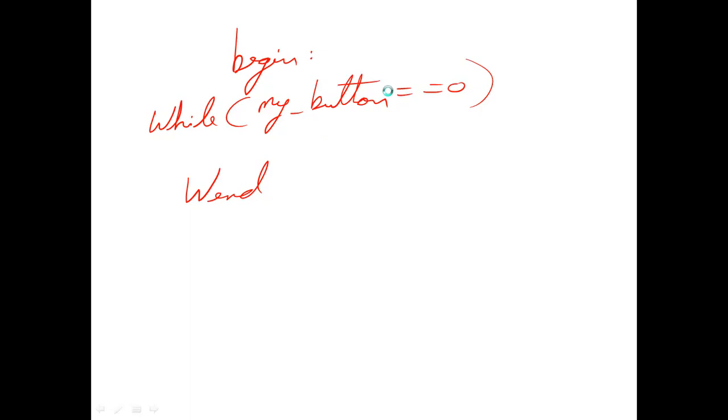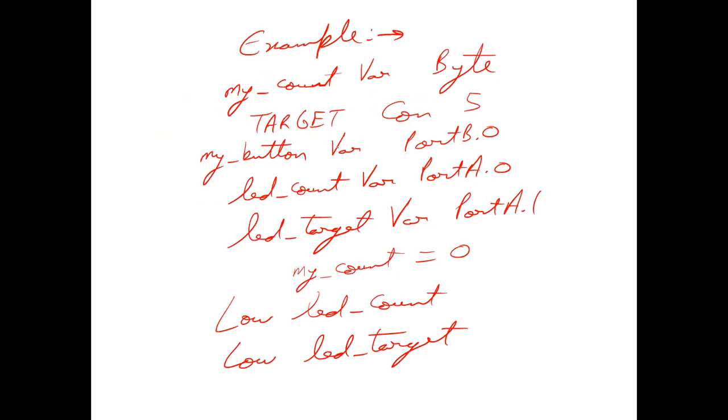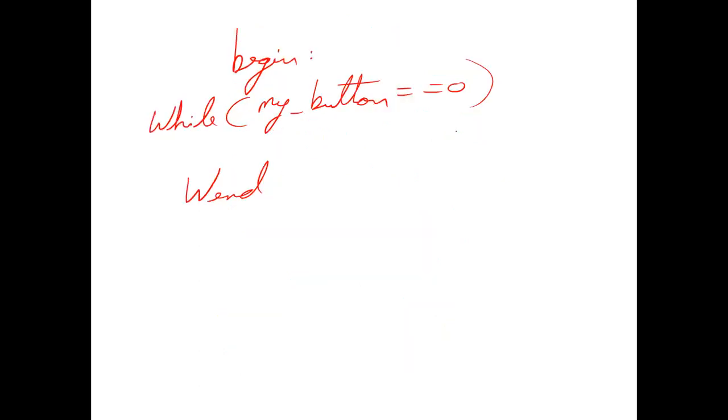Now my_button, you can see, is the value which is available at bit 0 of port B. So whenever 5 volts is given to bit 0 of port B, only then the control will come out of this while loop.